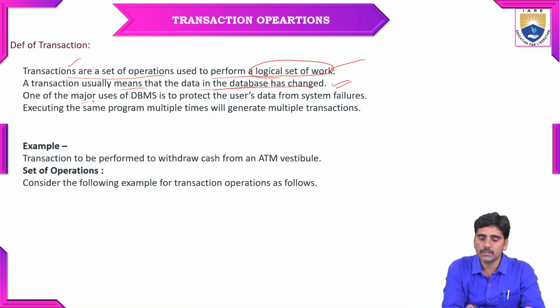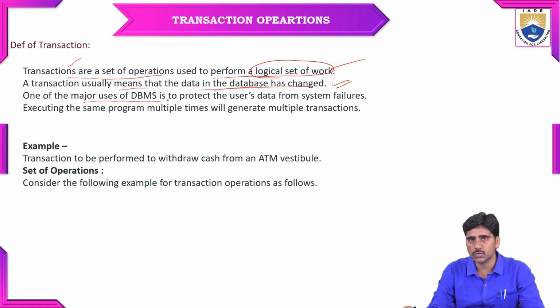One of the major uses of DBMS is to protect the user's data from system failures, power failures, disk failures, or anything else. The user data may be organizational data, personal data, or files data, anything.